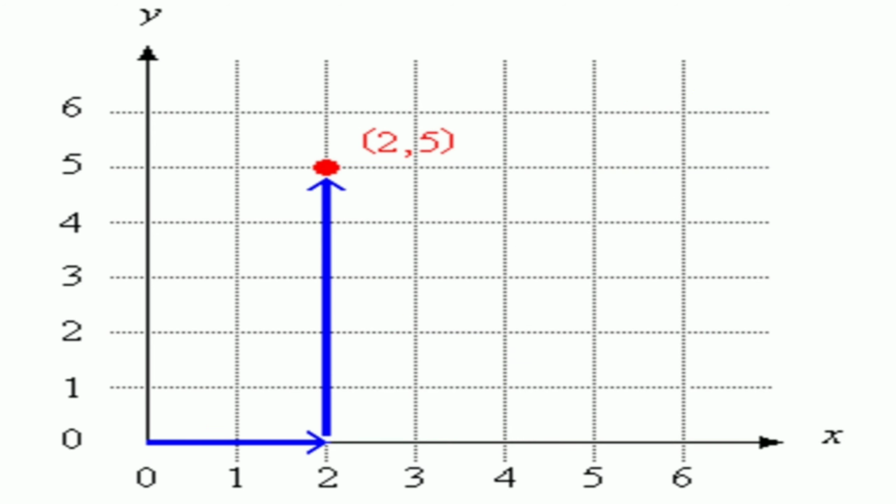Thus, for example, the point P, that is (2, 5), is 2 units to the right of and 5 units up from the origin. That is the red point plotted here by the ordered pair (2, 5) using x and y coordinates. So here the x coordinate is 2 and the y coordinate is 5. The arrow on each axis indicates the positive direction.